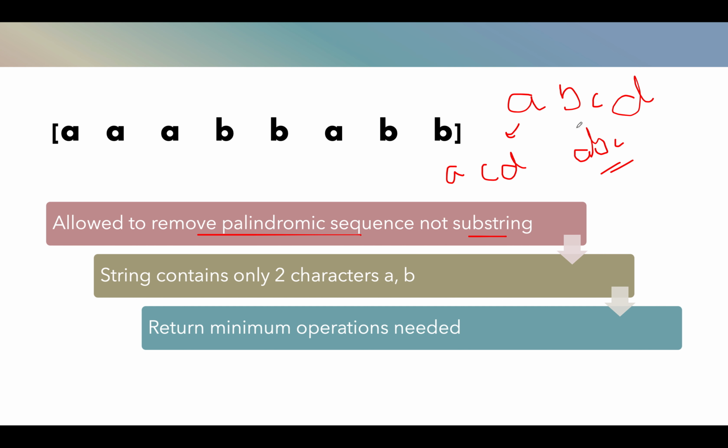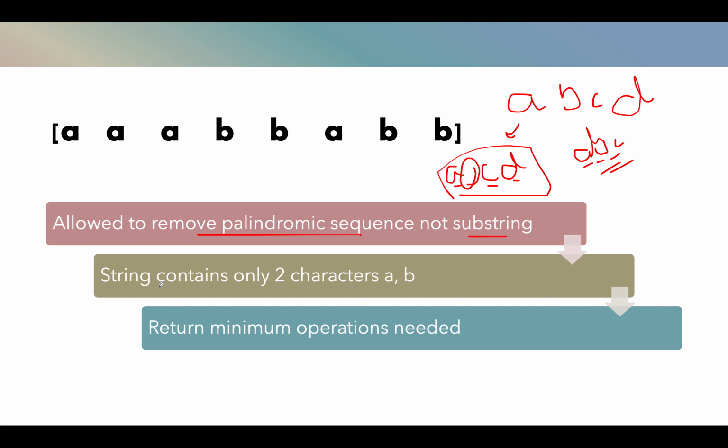So in a substring, all the elements stick together, whereas in a subsequence, the elements need not stick together. However, in both of them, the order of elements is maintained. What that means, A occurs before C and D. Similarly, A occurs before B and C, whereas we have a missing element here, which is B. Therefore, ACD is a subsequence, not a substring.